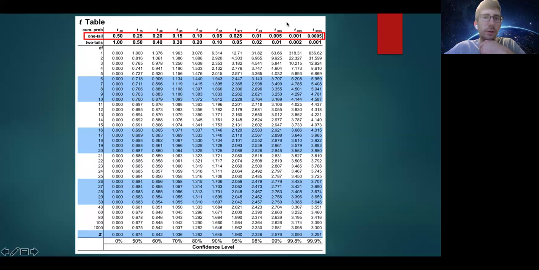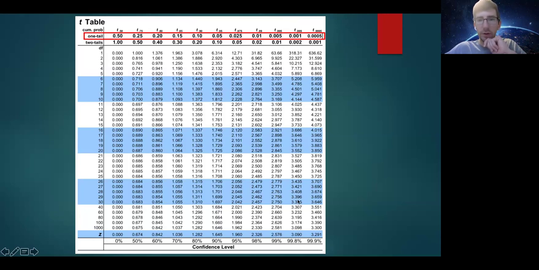Instead of our Z values being on the outside and areas under the curve being on the inside, now with this T table, we have our T scores or our T values on the inside of this table, and the areas under the curve for these different kind of scenarios, whether it's one-tailed, two-tailed, are up here, and they're also kind of down here, but they're displayed as confidence levels, which is good for us in this use case.